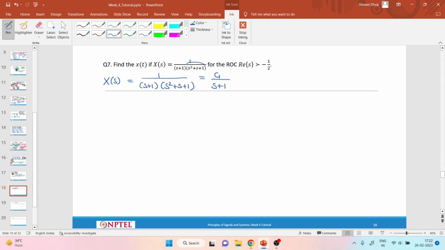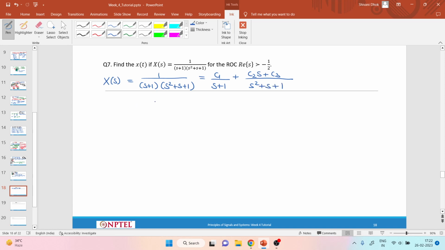Now this is a quadratic equation, and the partial fraction form for this is simply a linear polynomial on the numerator, that is c2s plus c3 upon s square plus s plus 1.